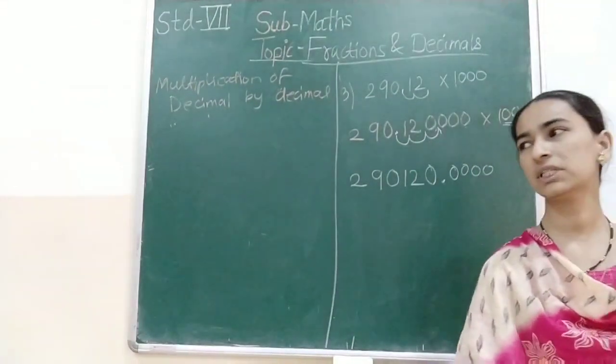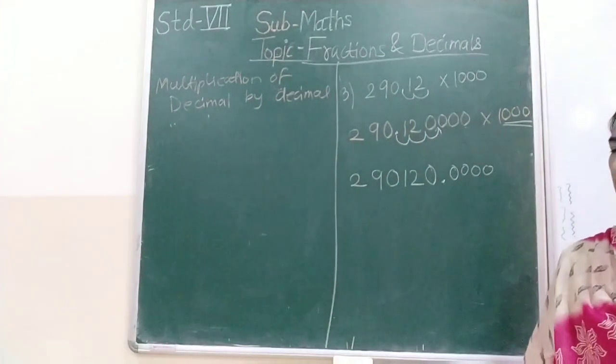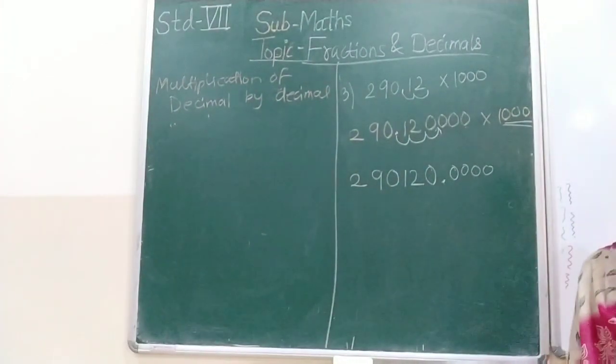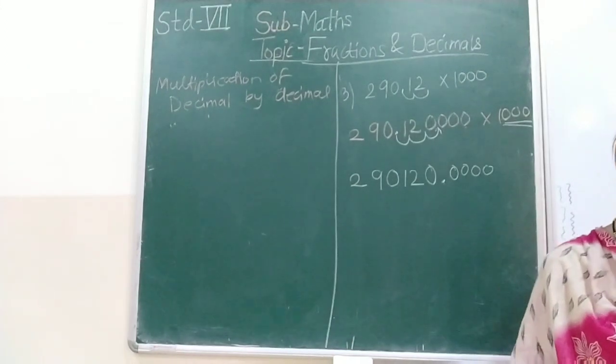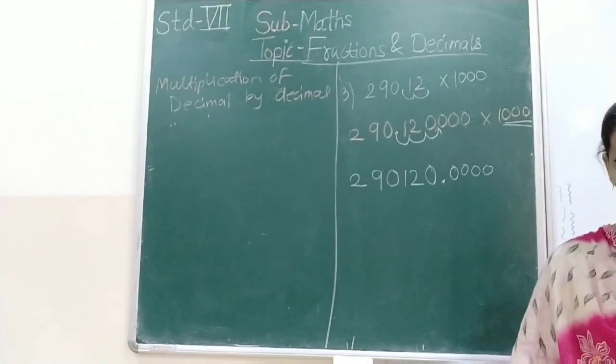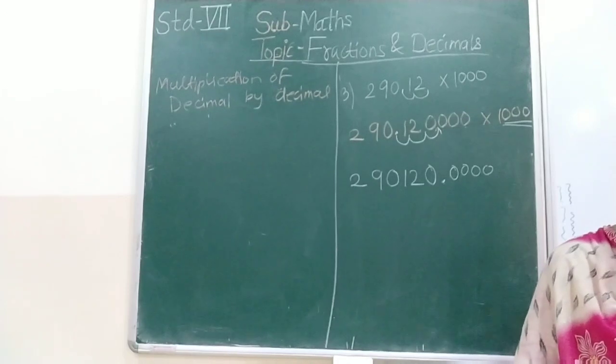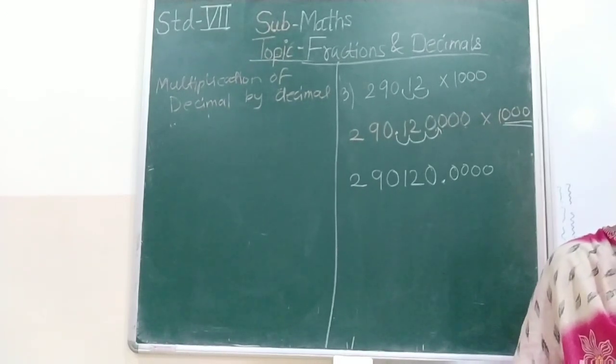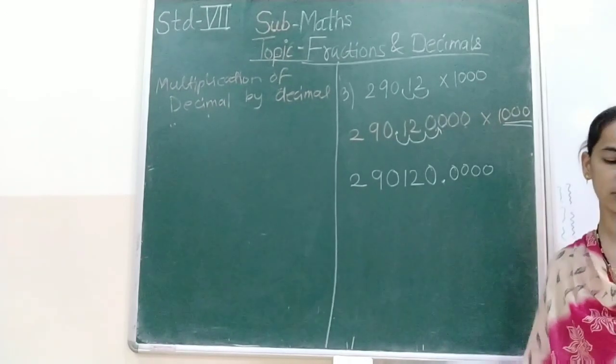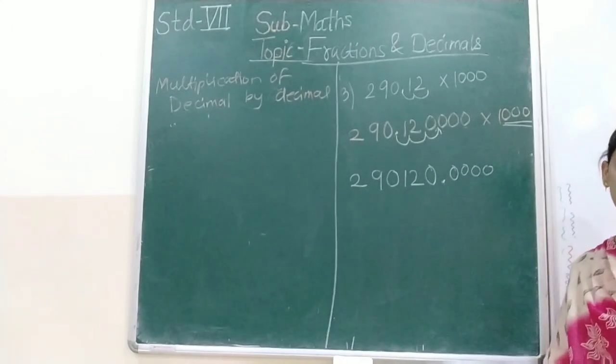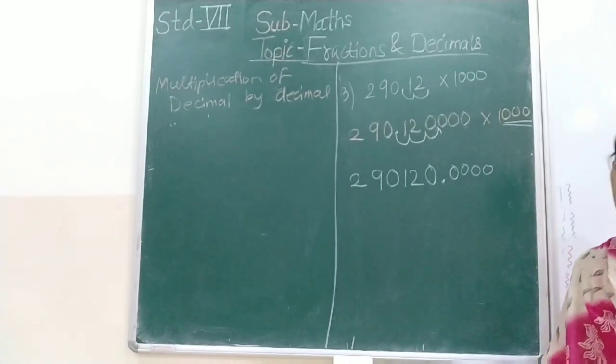Okay. First step will be the same. We are taking the number without decimal, like whole numbers, just now we have done that. Similar to that. Then the second step will be we have to give the points.